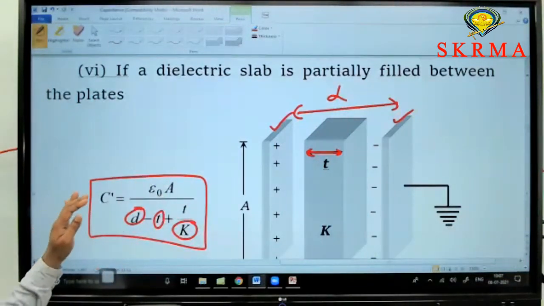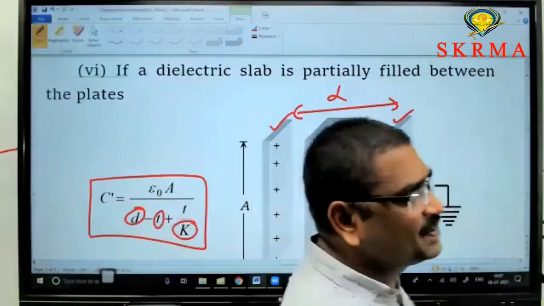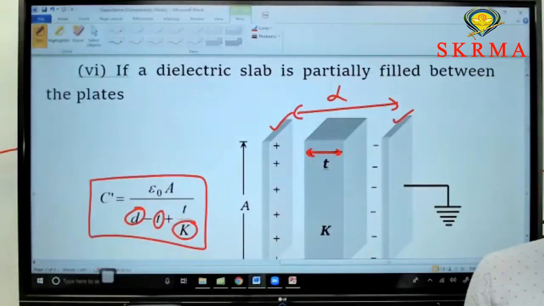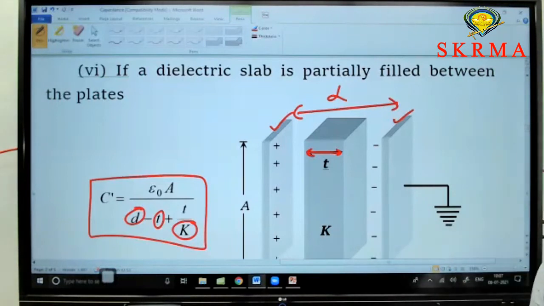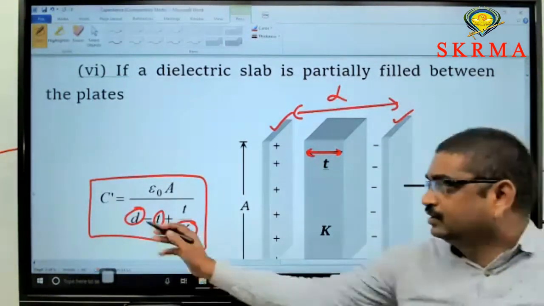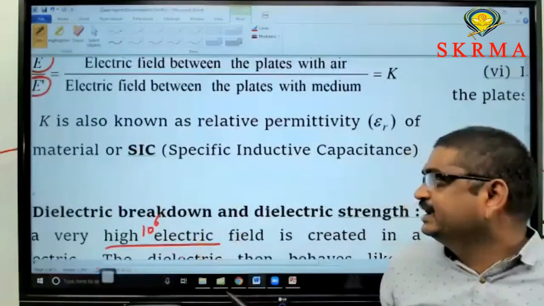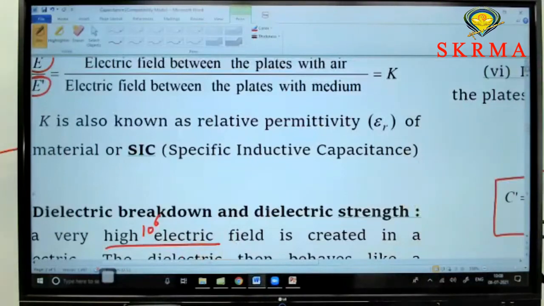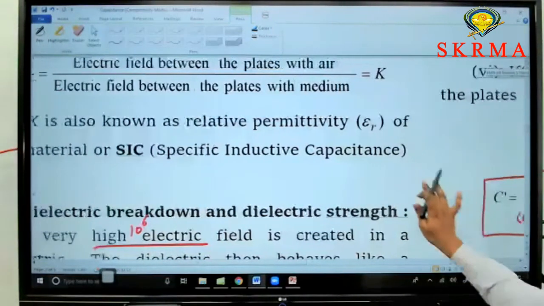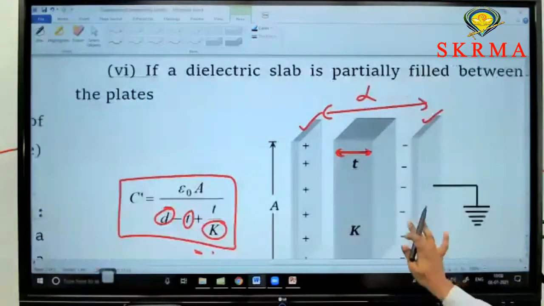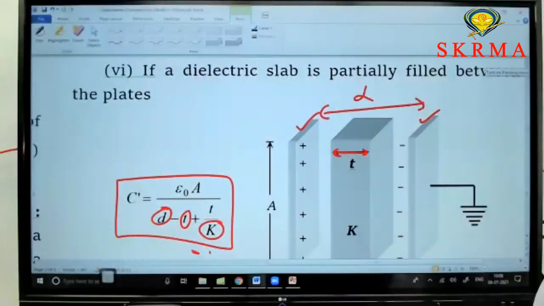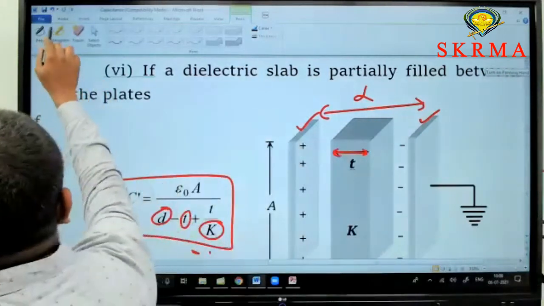Now, what is the capacitance of a partially filled capacitor? What is the value of capacitance for a partially filled capacitor? The formula is epsilon naught A by D minus T plus T by K. Epsilon naught A by D minus T plus T by K is the formula.